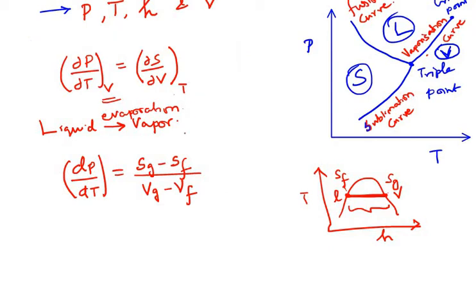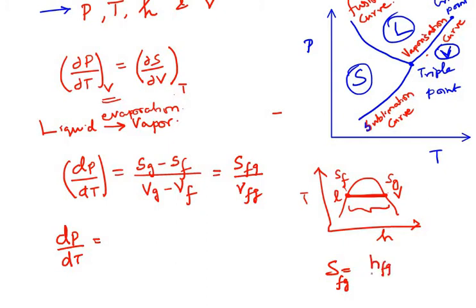I can write it like this also: dP/dT is equal to Sfg divided by Vfg. The change of entropy during the evaporation process is equal to the enthalpy change during evaporation divided by the absolute temperature.